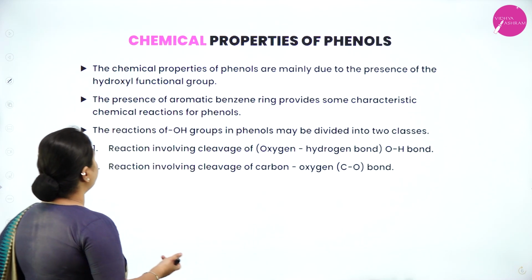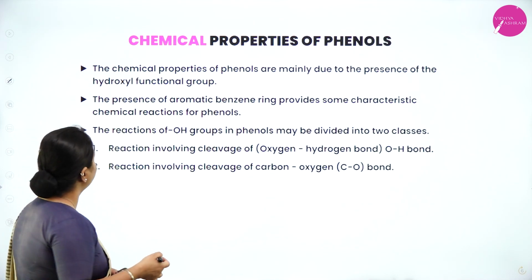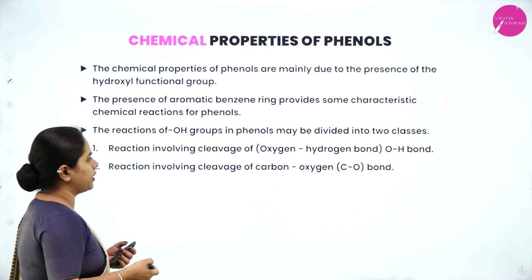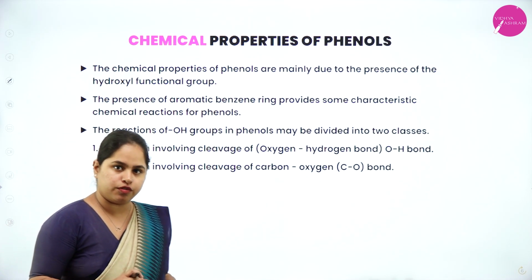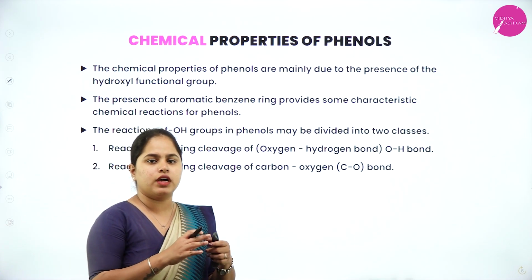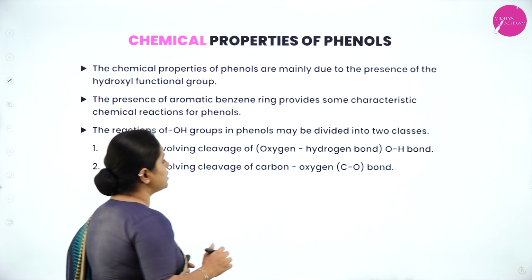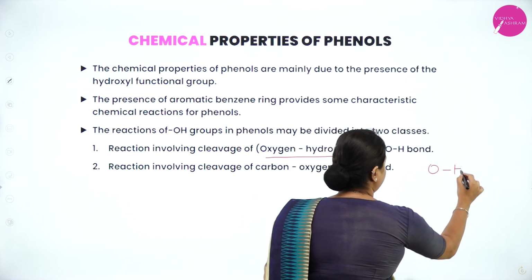Okay. Now, chemical properties of phenols are mainly due to the presence of, again, the OH group. The presence of the aromatic benzene ring provides some characteristic chemical reactions for phenol. Like we discussed in the case of alcohols, here also we are going to classify the reactions into two. First, reactions involving oxygen-hydrogen bond breakage, that is, the OH bond will be broken.